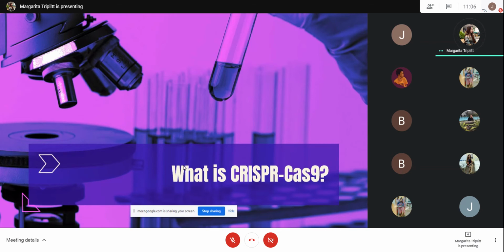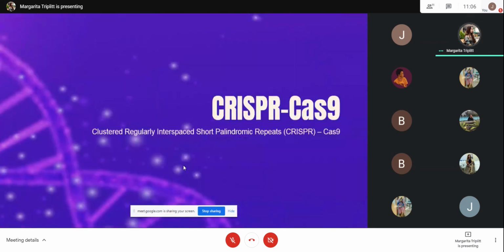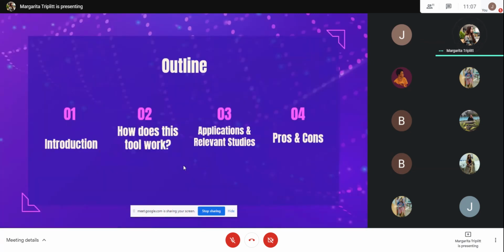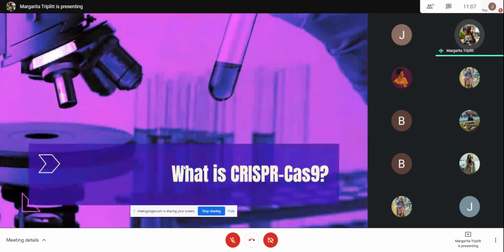Now, CRISPR, as its name implies, clustered regularly interspaced short palindromic repeats, and Cas9, or CRISPR-associated protein 9, are molecular scissors that can be programmed to search for, bind, and cut only specific DNA sequences. This is superior because of its specificity compared with other gene editing mechanisms.